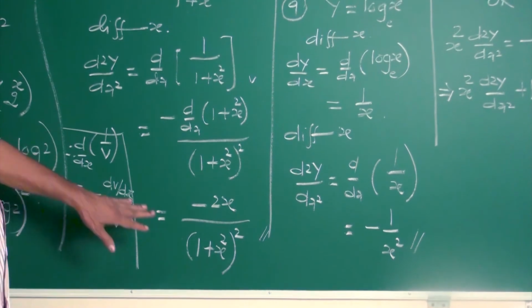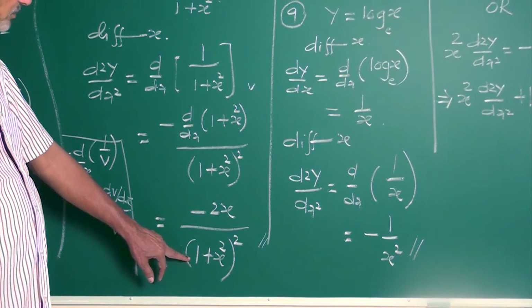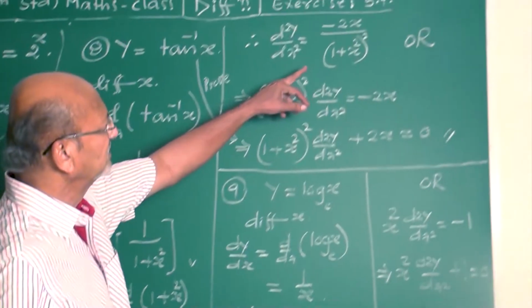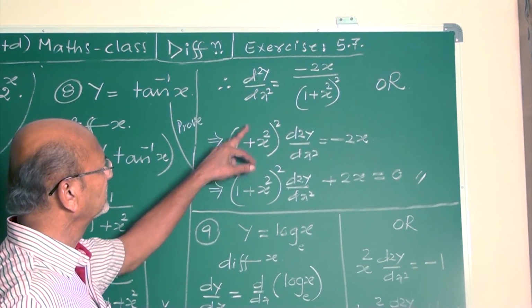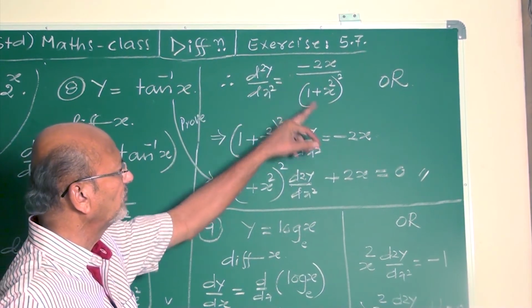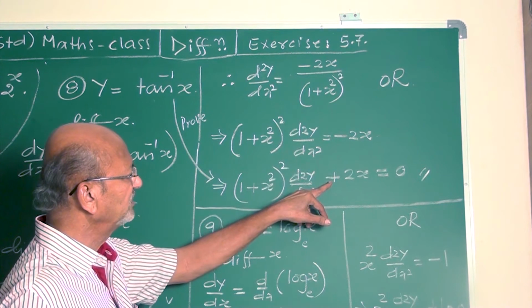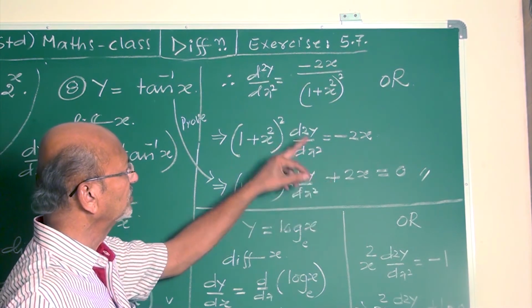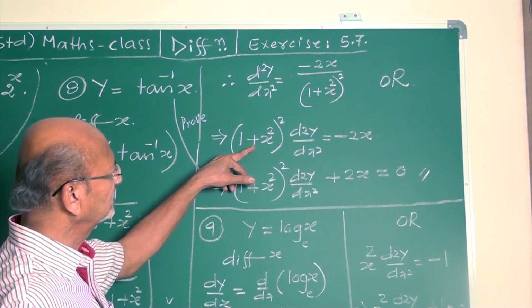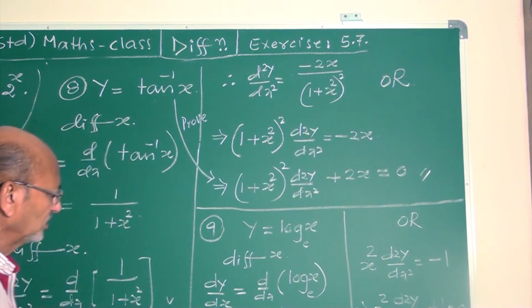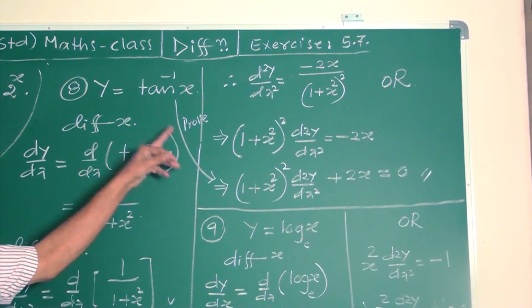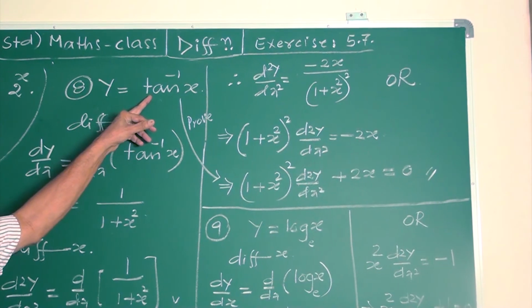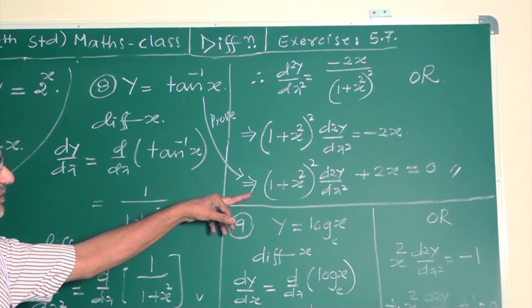You take this side. Up to this you have to write everything. Bring this to this side. That 1 plus x square whole square this side into d2y by dx2 equal to minus 2x. Minus taking this side is plus 2x equal to 0. So you have to write this one step or two steps more to get this, my friend.